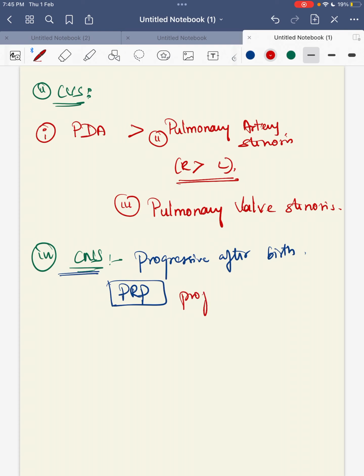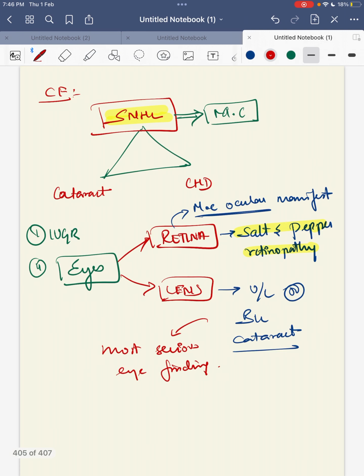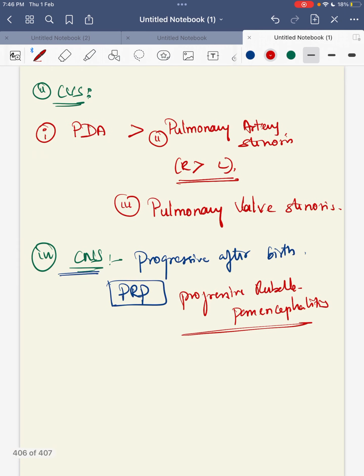That progression is called progressive rubella panencephalitis. This is similar to SSPE, subacute sclerosing panencephalitis, which is caused by the measles virus. Progressive rubella panencephalitis is caused by rubella. Both have similar features.